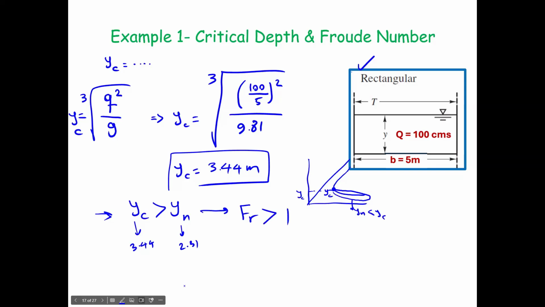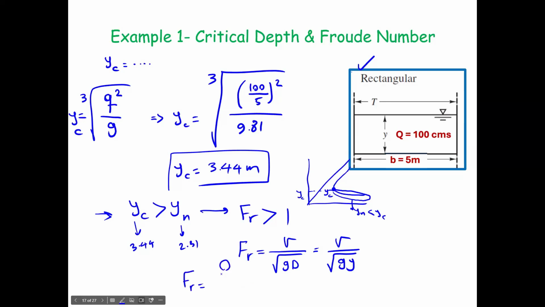I don't want to make it wrong, but let's start finding it. I don't have FR here, but we can do it right now: velocity over the square root of GD. For rectangular, you are allowed to use GY, right? So find that one for me.